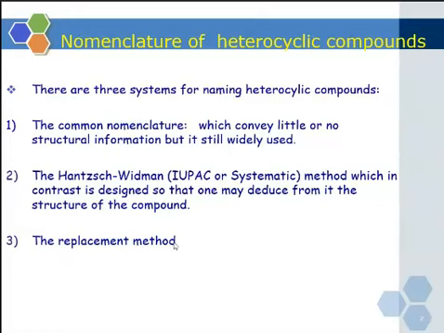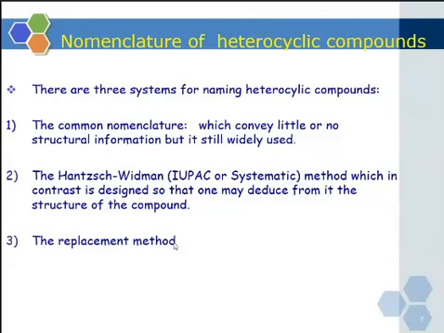When we talk about the nomenclature of heterocyclic compounds, there are three systems in general used for naming them. The first method is the common method of nomenclature. As per this method, either little or no structural information is obtained regarding the structure.